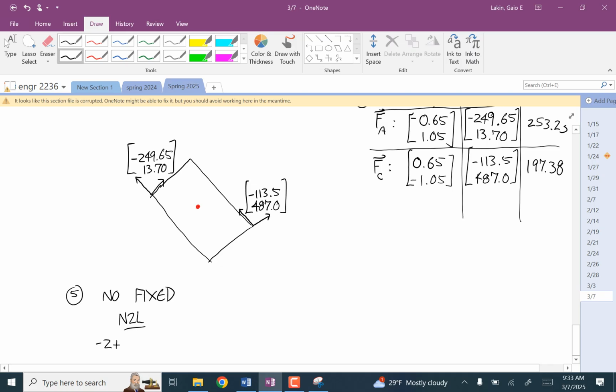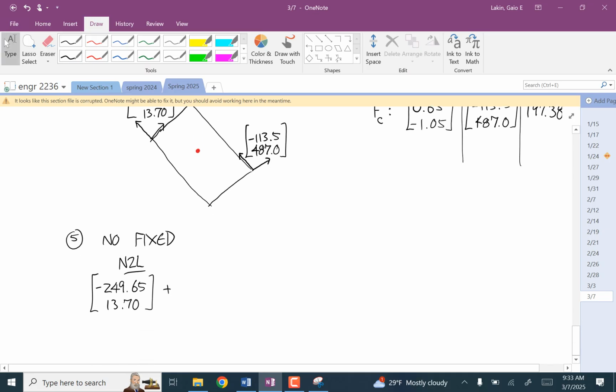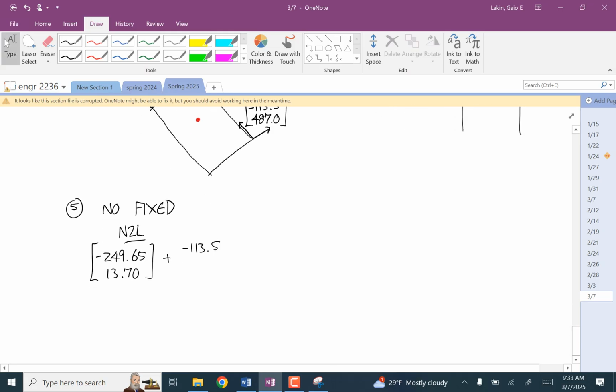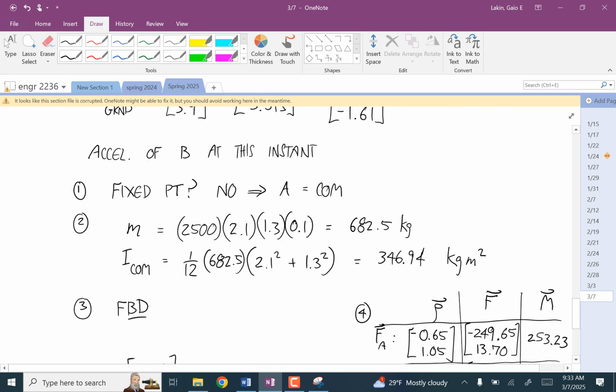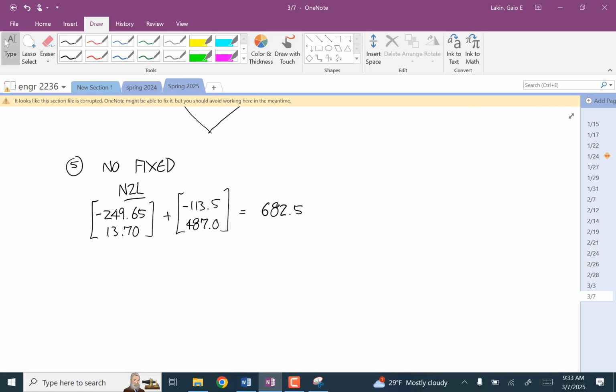So negative 249.65, 13.70, plus negative 113.5, 487.0 is equal to the mass, 682.5, times the acceleration vector of the center of mass.